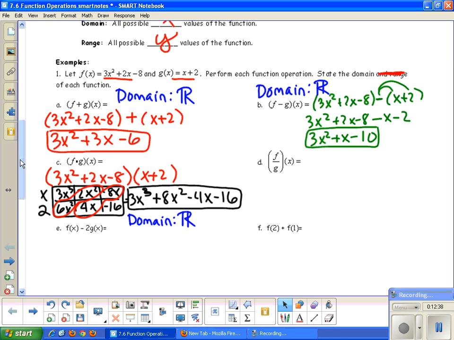For D then, now we're dividing two functions, f of x divided by g of x. So in this case, I have 3x squared plus 2x minus 8, now divided by x plus 2. Now remember, I said when you're doing these, we want to factor them because that's going to help me with my restrictions. So when I go ahead and do that, I have to factor this top equation, which remember, I'm going to do off to the side.